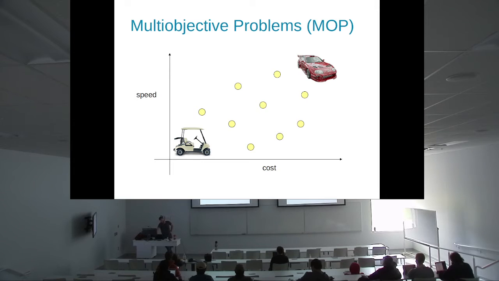There you go, cost and speed. Apparently we've got every vehicle between that car and this go-kart. Here, we do have conflicting things, right? I want to get a fast car, but I don't want to pay a lot of money. Well, I'm in trouble, right? Because if I want a faster car, in general, I've got to pay a little bit more money.